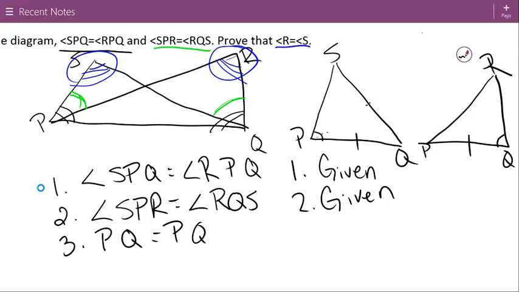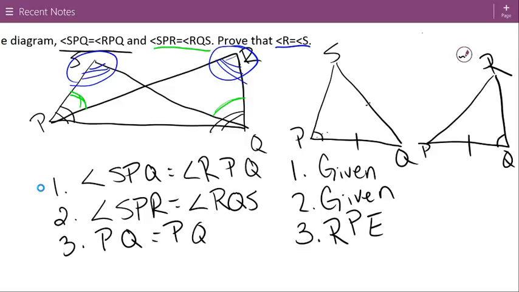That seems like something that's pretty obvious, but it's definitely still something you want to write out, just to make sure that all of your bases are covered, especially when we're separating these two triangles in this different diagram. And then reflexive property of equality.